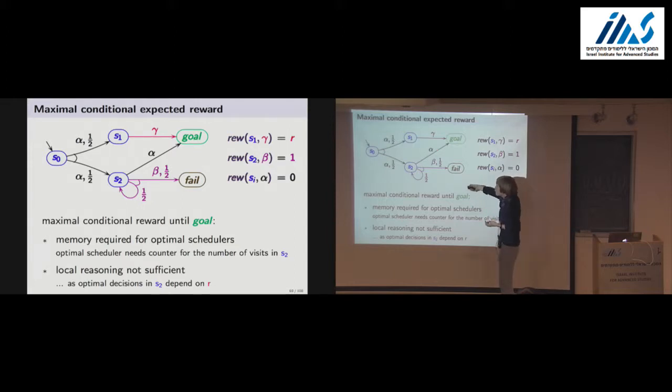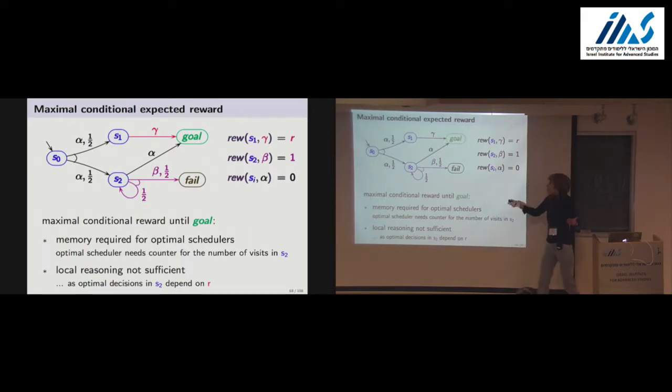But now, if you just look at state S2, then the optimal behavior depends on a reward value of this transition here, and this is not even reachable from S2. So that's what I mean. If you just look at the fragment that is reachable from S2, then we don't see this value R.